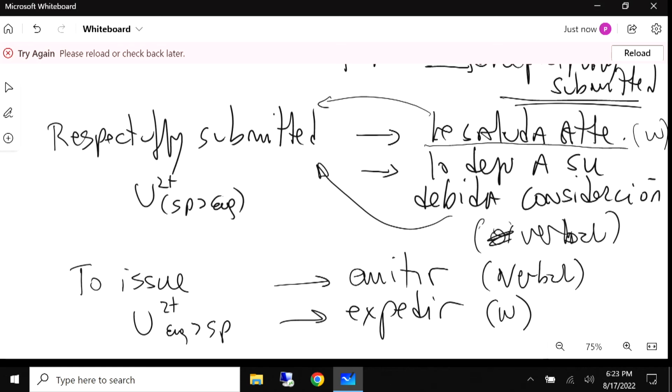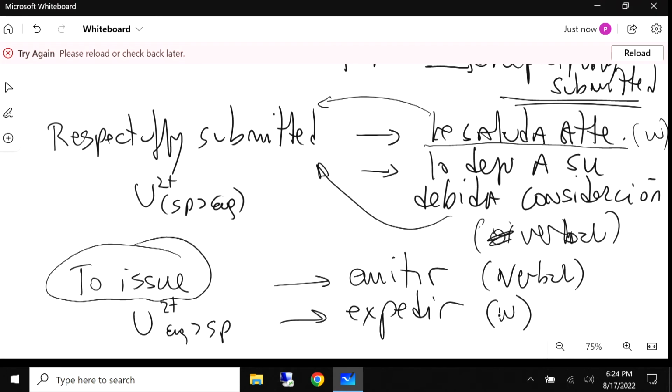So when you look at the verb "to issue" from English into Spanish, which is unstable in the second degree, there are two options, "emitir" or "expedir." Which one is the correct one? Verbal is "emitir," which may have other synonyms such as "pronunciar" if you want, and any other synonyms that you can find.